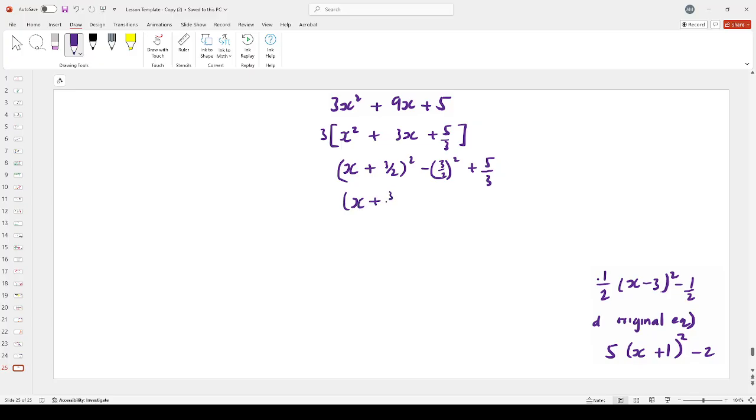It's just a bit of annoying looking fractions. Now, what I want to do is combine these two fractions. So let's just take this to this side for a second. Minus 9 over 4 plus 5 over 3.